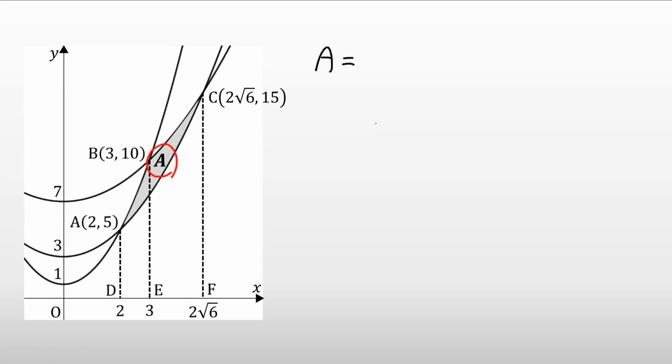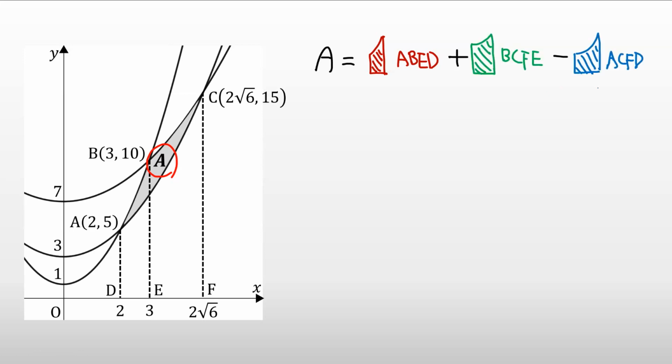Now let us calculate the area A of the shaded region. This area is given as the area of the region ABED plus the area of the region BCFE minus the area of the region ACFD.